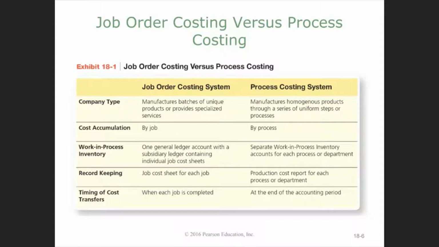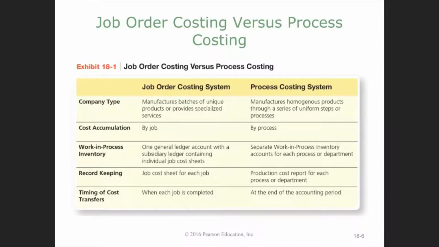So for instance, when we look at company type, in a job order costing system, manufacturers batch unique products or provide specialized services. So think of unique or specialized. In a process costing system, they're working with homogeneous products through a series of uniform steps or processes.